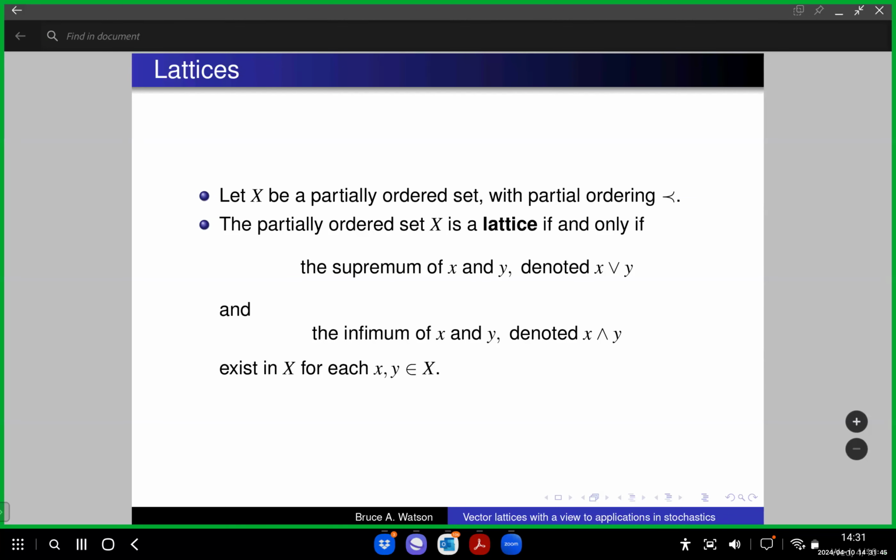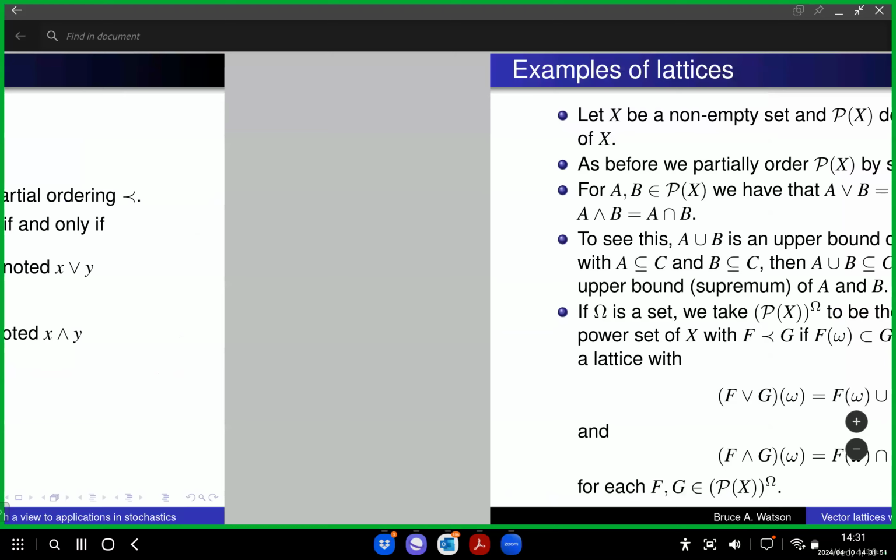So we can test now whether a partially ordered set is a lattice.